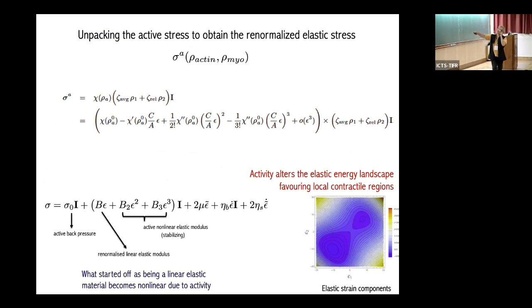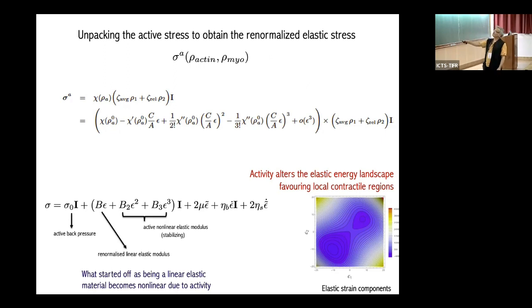The active stresses, as I said, depend on the density of actin and density of myosin. The way we do it is just to decompose it in this manner and expand the actin density about its mean. The actin density is slave to the compression, so delta rho, the excess density, is proportional to the compression.